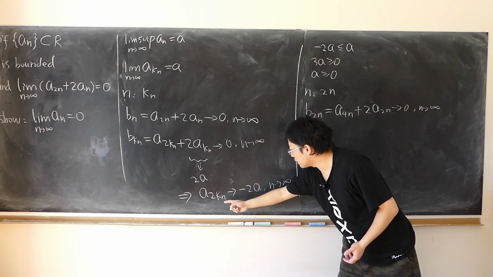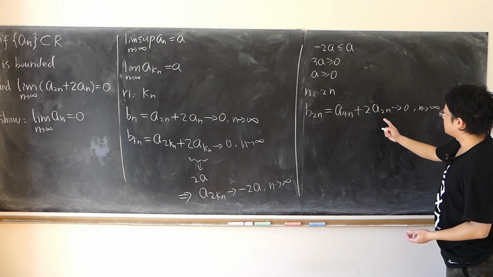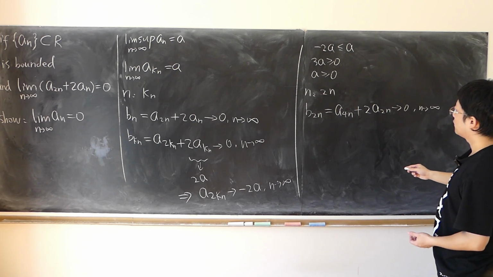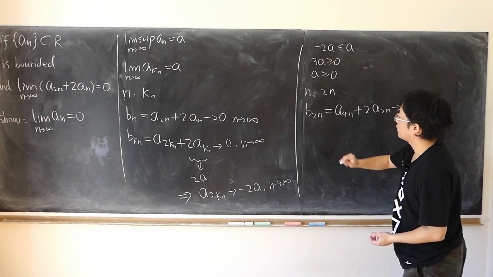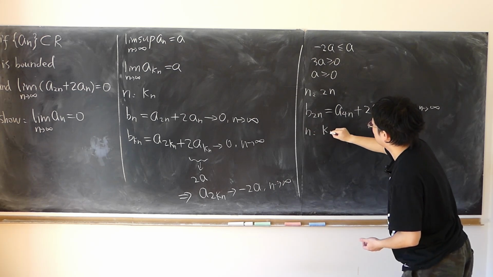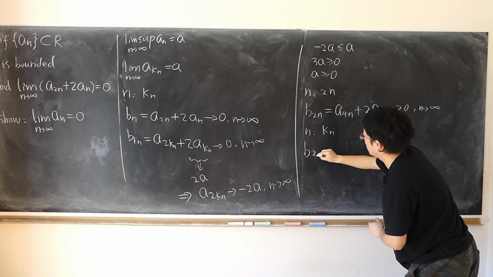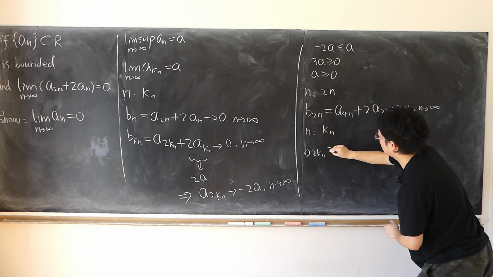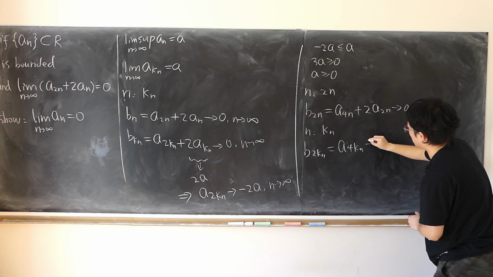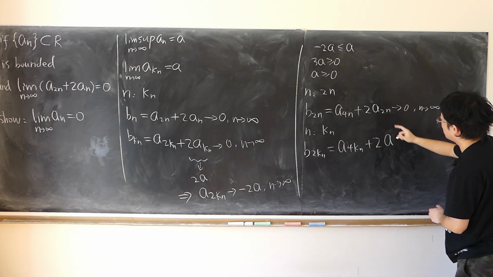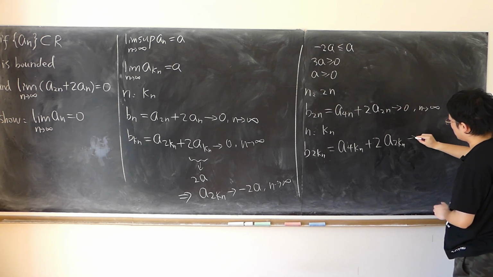I've just found out that a_{2k_n} is approaching this, which means as long as I can replace this n with k_n, then I immediately have b_{2k_n}, that is a_{4k_n} plus 2 times a_{2k_n}, approaching 0.